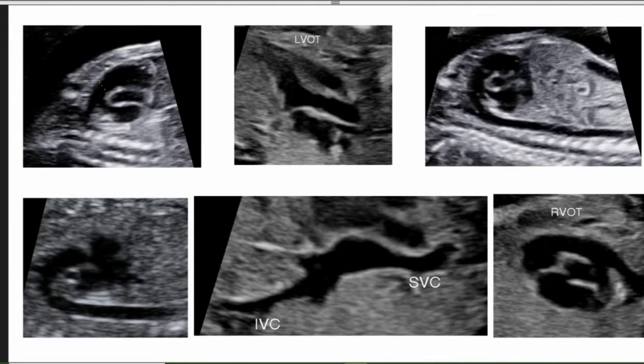Is that clear? 1, 2, 3, 4, 5, 6. Out of these, some are sagittal and some are slightly oblique.